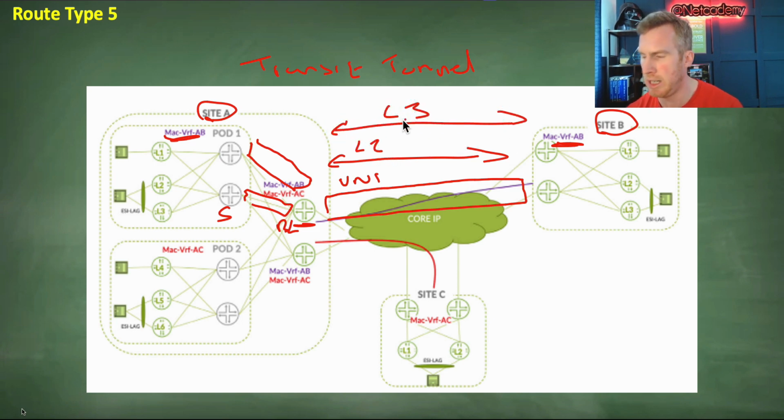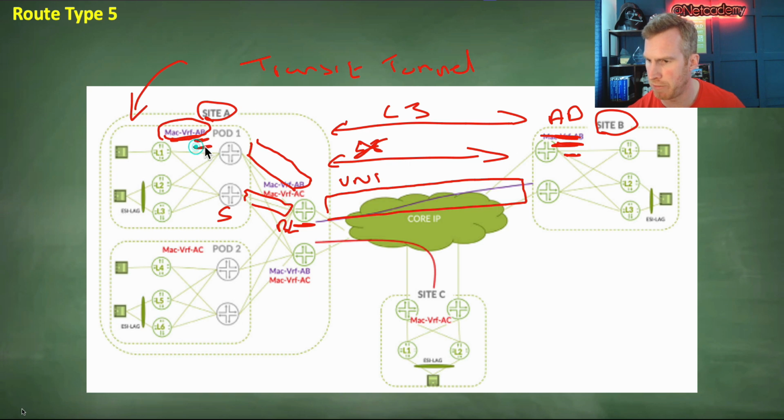Why would you need either? It really depends. If this bridging domain, which is aligned to this MAC VRF, is contained within this data center. So if MAC VRF AB is contained within this data center, so let's just say this over here was MAC VRF AD, for example, then we wouldn't need to provide layer 2 tunneling, because these are different MAC VRFs now.